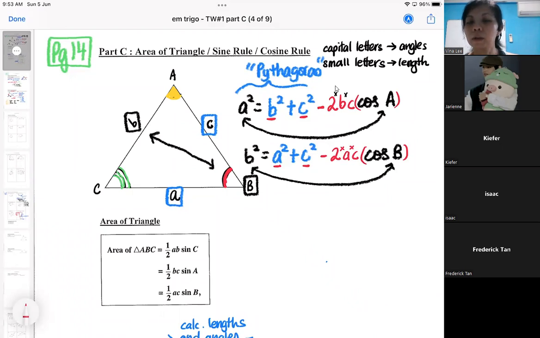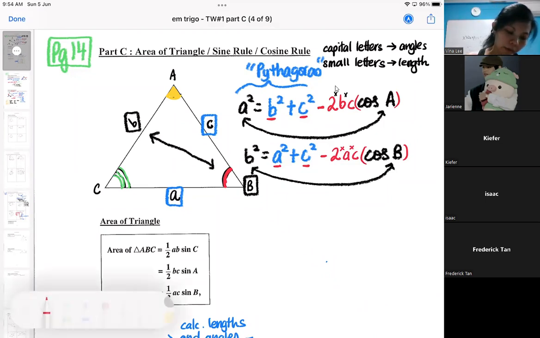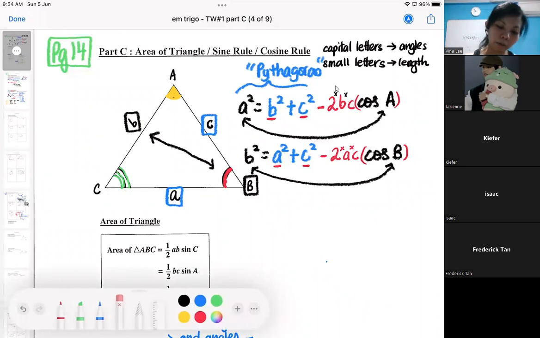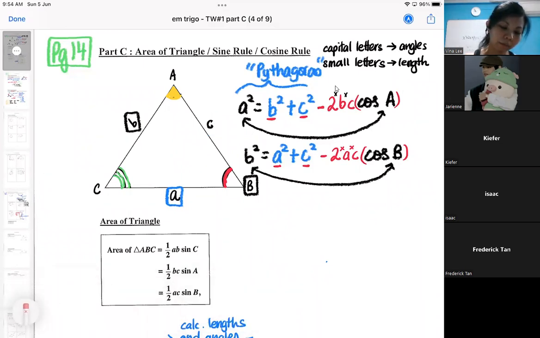For the rest of you, cosine rule is harder because it's quite long. And there is a way to remember: use the arrow to remember. So you use the arrow and you use the fake Pythagoras. Okay, so again, I'm going to arrow it another way around.